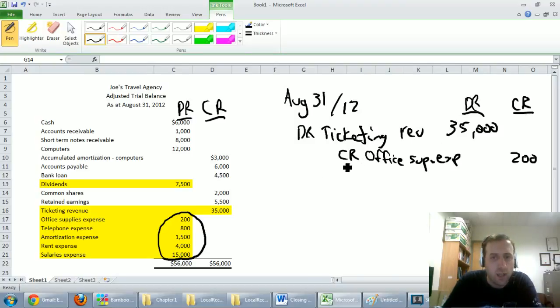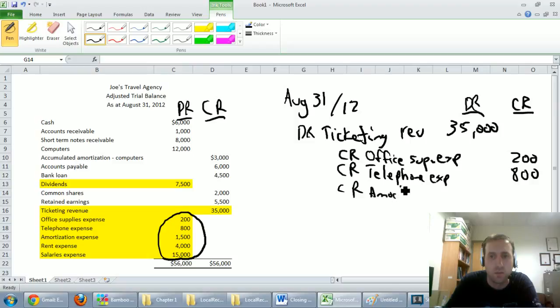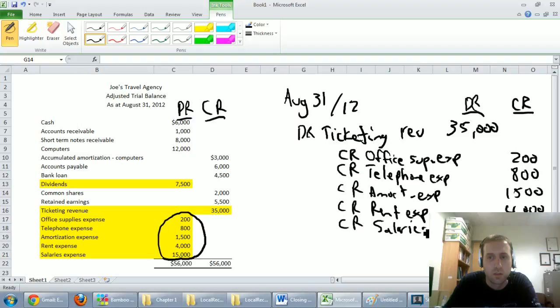I'm going to credit telephone expense for $800. I'm going to credit amortization expense. I'm going to really shorthand this to make it fit for $1,500. I'm going to credit rent expense for $4,000. And I'm also going to credit salaries expense for $15,000.